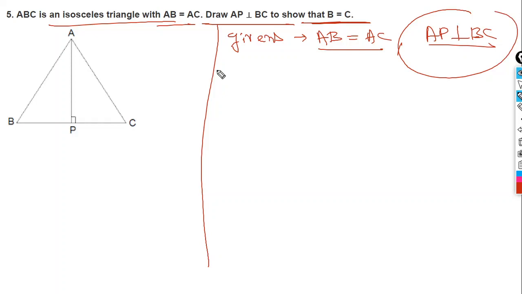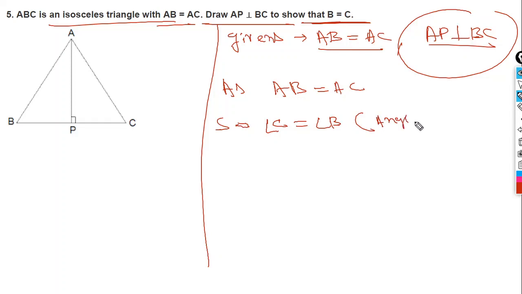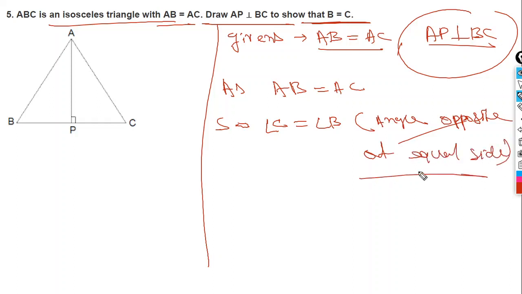You can directly write, as AB equal to AC, angle C is equal to angle B by angles opposite to equal sides. Okay? In one line you can prove.